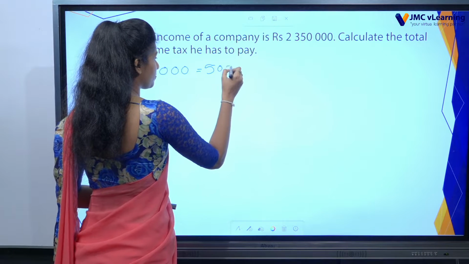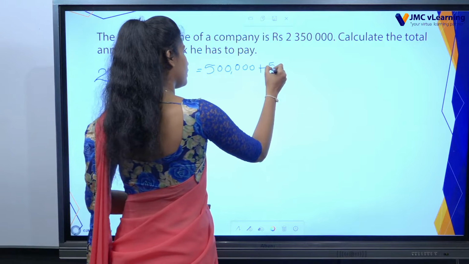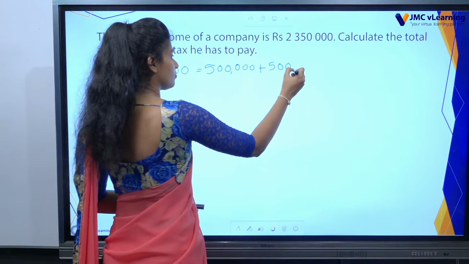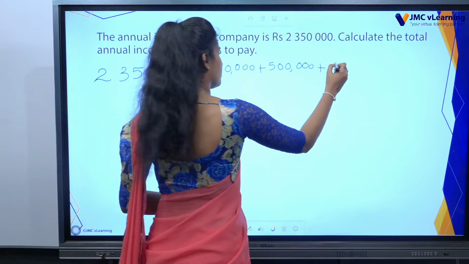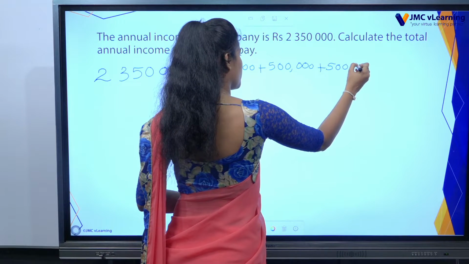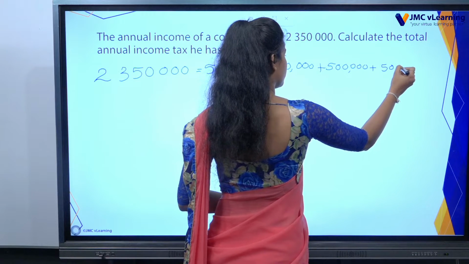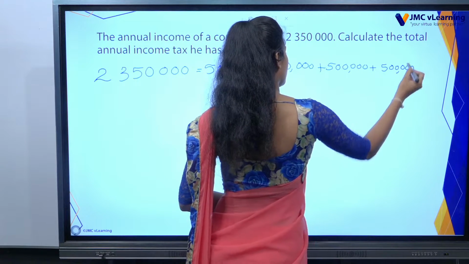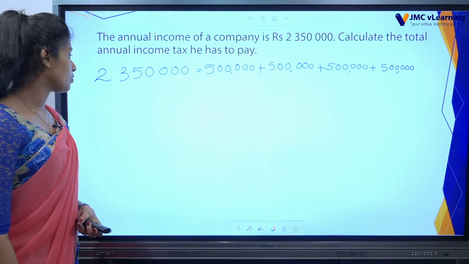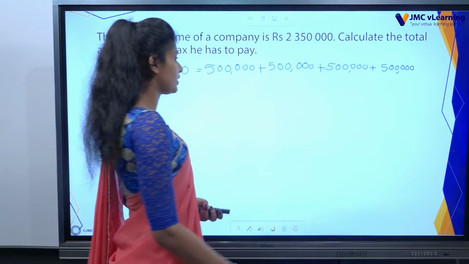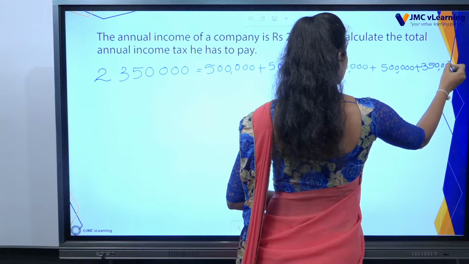Let's write them. 5 lakhs. Then 10 lakhs. 15 lakhs. 20 lakhs and again left 350,000. That is the remaining part.